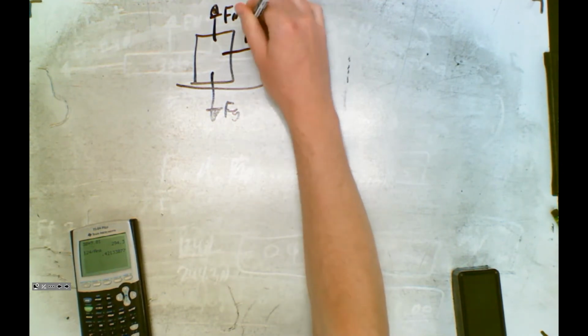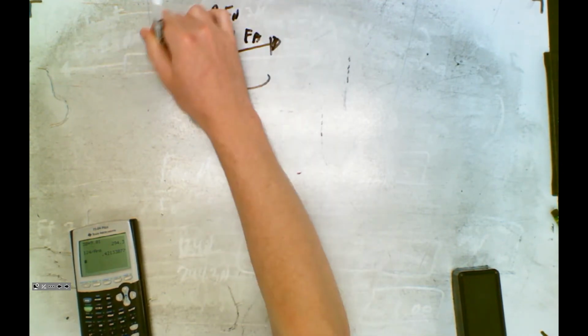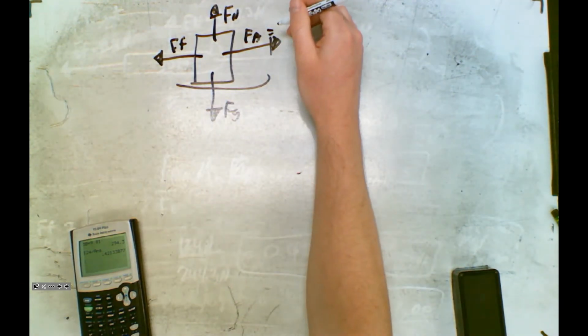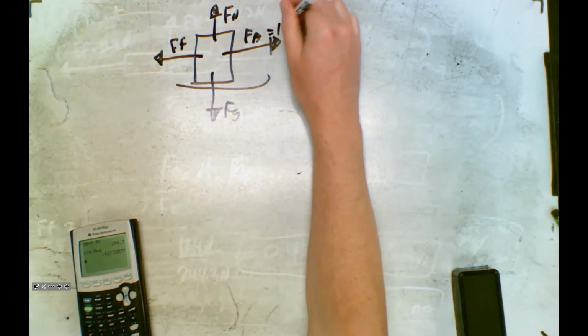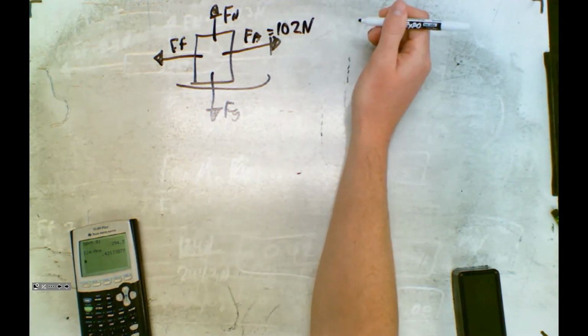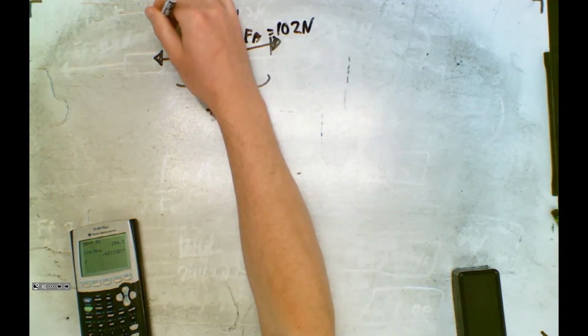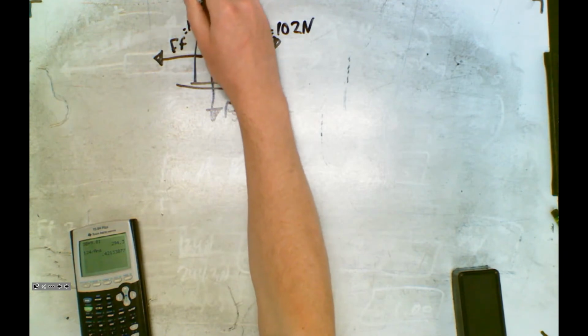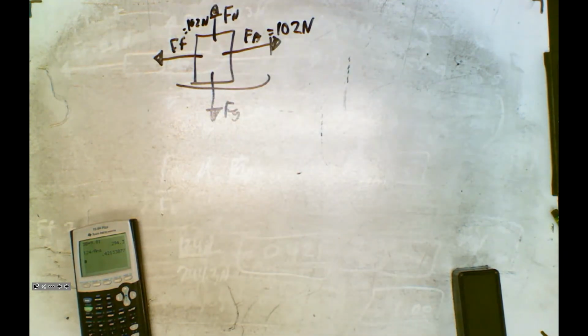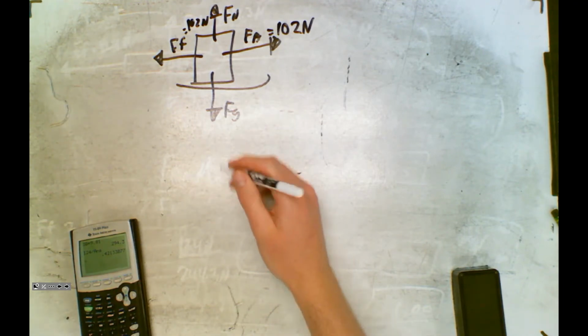Everything always equals each other to start off. We have the force applied, force of friction, and it said that person applies 102 newtons of force. So we know if it's a constant speed that our force of friction is 102 newtons as well. That's all that we know for right now.